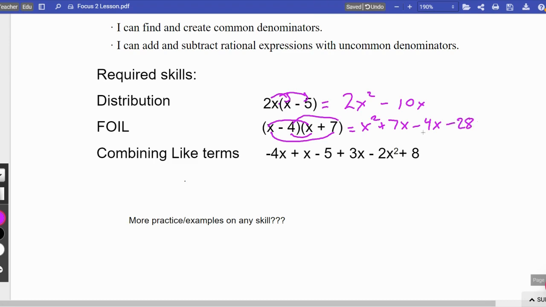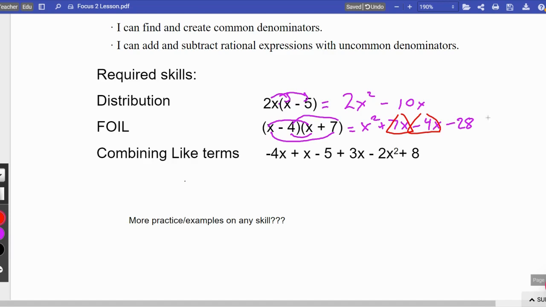And then the only other thing is that these two terms, which is what we're about to get to, are like terms. They both have an x. The x squared is not like any of the other ones. The 28 is not like any of the other ones because the 28 doesn't have any x's. The x squared has two x's, and these two just have one x. So we have to be able to add those together.